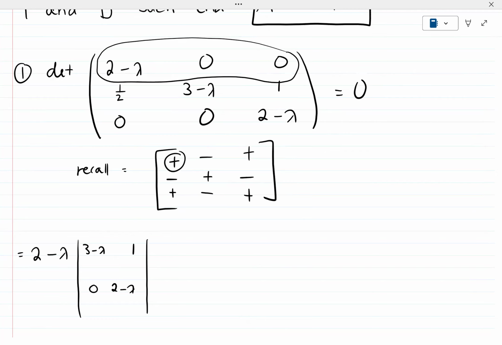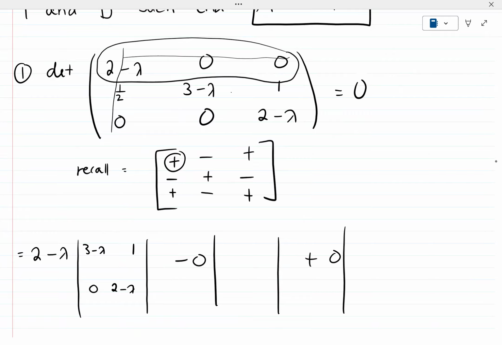So all I'm doing is ignoring this row and this column, and this is what I get. Then it's minus 0, and I don't care because anything times 0 is 0, and then plus 0, and I don't care because anything times 0 is 0. So really it's just this part we're concerned with. The rest all becomes 0.